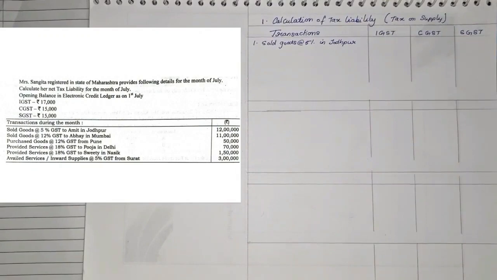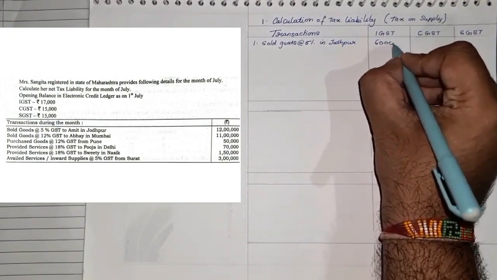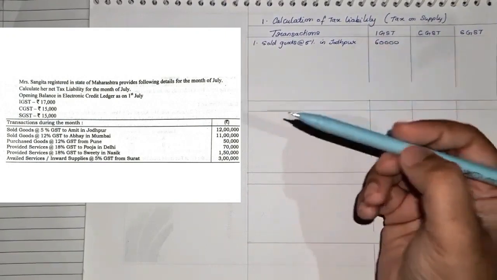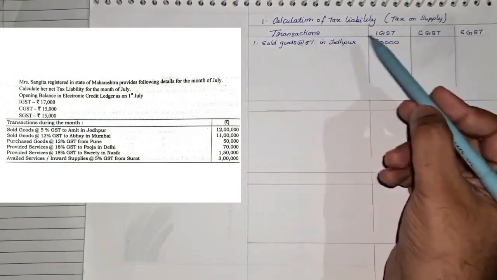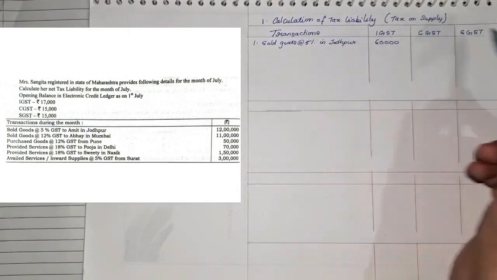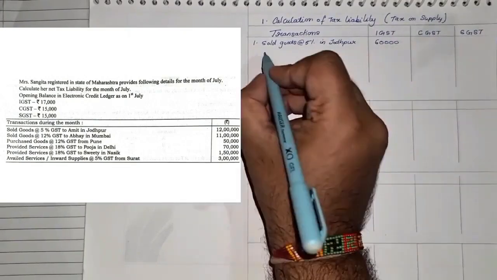Now amount given in the question is 12 lakhs. Okay, I repeat, amount given in the question is 12 lakhs. So 12 lakhs into 5%, the value comes to 60,000. Remember, whatever is the value given, that value into the percentage. If it is in IGST, full amount. If it is in CGST and SGST, the amount will be split in two parts.